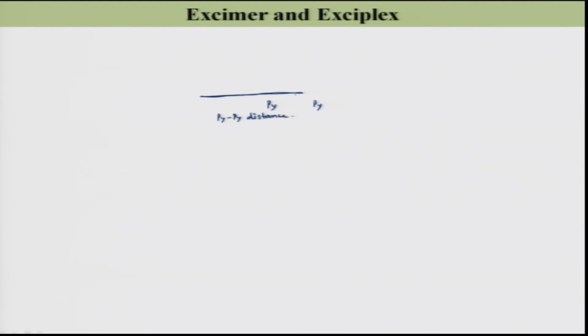As the two pyrene molecules come close, this energy must increase because of repulsion. The electron of this pyrene and the electron of that pyrene will repel each other. This is the potential energy surface of the two pyrene in the ground state. But when one of the pyrene is in the excited state, the total energy must be more.